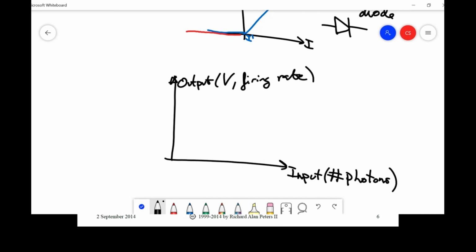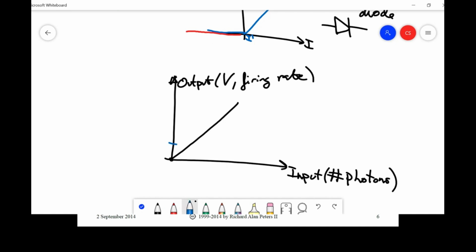And we would like that this relationship, so if you receive 0 photons, you have a 0 current or a 0 firing rate. And if you have some photons, then the relationship is linear. That is what you would like, to have linear responses of your cameras and your sensors. What happens in reality is that, even for 0 photons, if we think of neurons, the response is not 0.